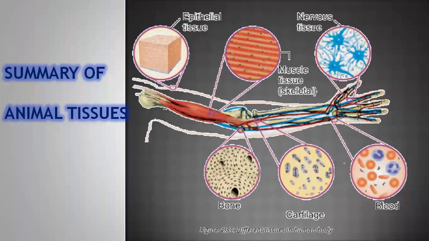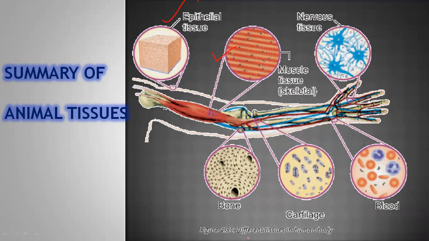Let's do a quick review once again. We have seen lots of tissues. First of all, epithelial tissue, in which there are squamous epithelium, cuboidal epithelium, ciliated columnar epithelium, and then striated squamous epithelium. Then muscle tissues: skeletal muscles, cardiac muscles, and smooth muscles.